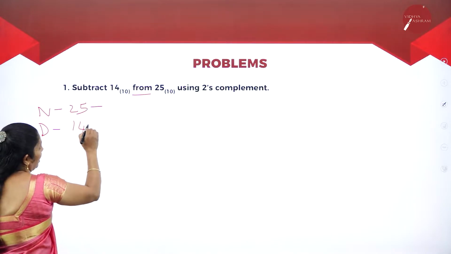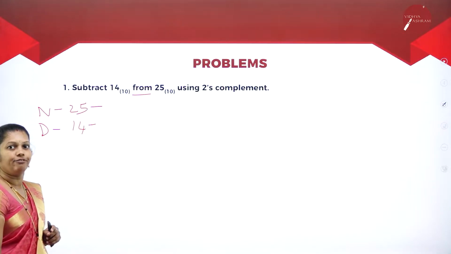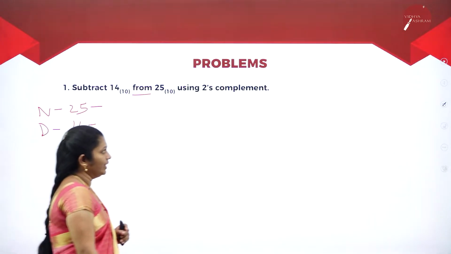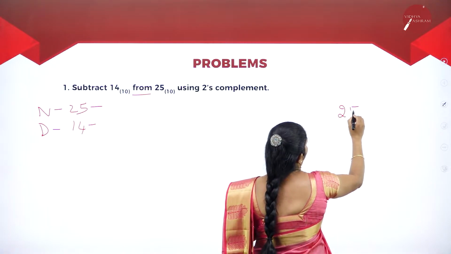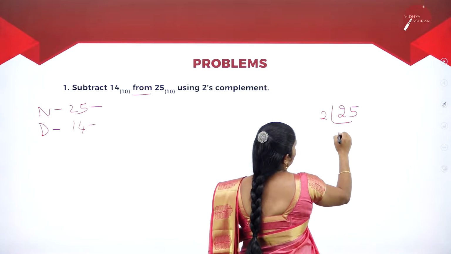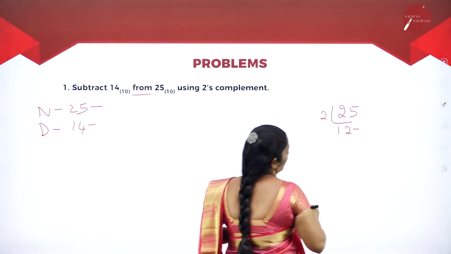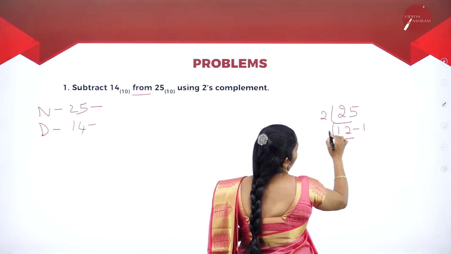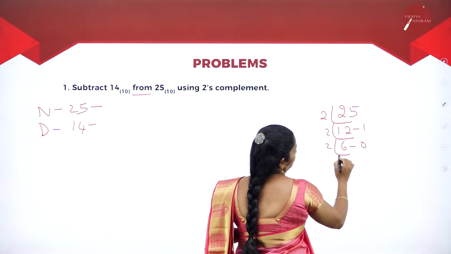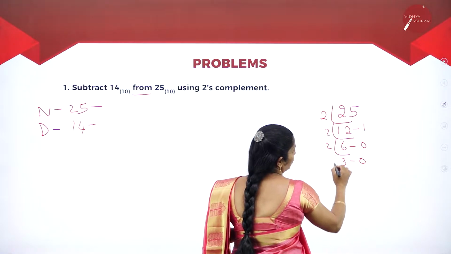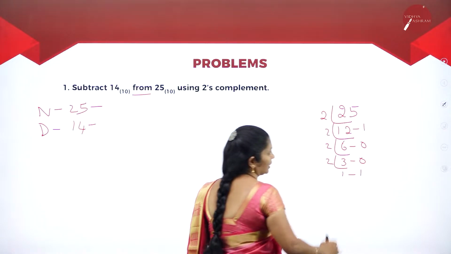Then find the equivalent binary number for both numbers. For 25, the binary value: 2 12s are 24, remainder 1. Then 2 6s are 12, remainder 0. Then 2 3s are 6, remainder 0. Then 2 1s are 2, remainder 1.